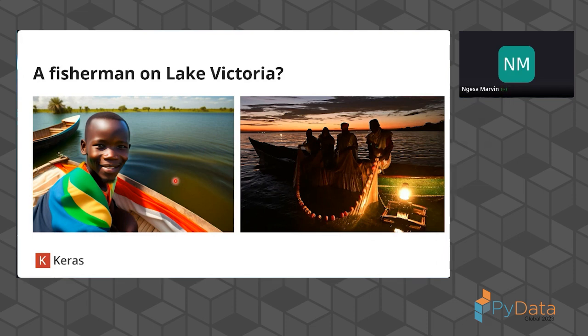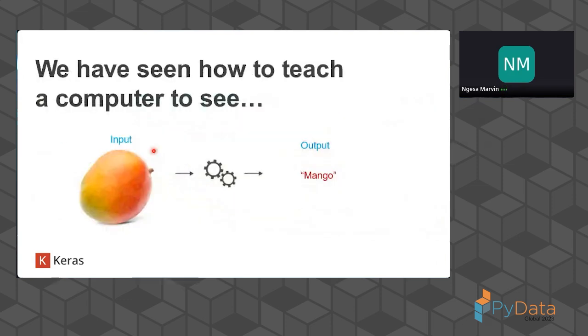Probably it's easy to know that this one is generated, at least from my past sessions, and this one is a true image. And this is an image from BBC on how people are fishing on Lake Victoria. Lake Victoria is in East Africa, in Kenya, Uganda, and Tanzania. And this is an image generated, maybe of a fisherman on Lake Victoria.